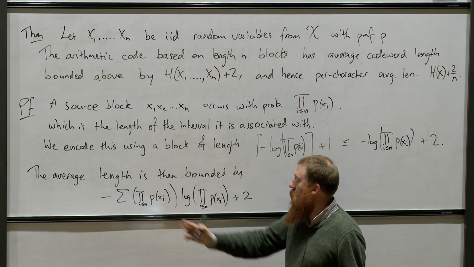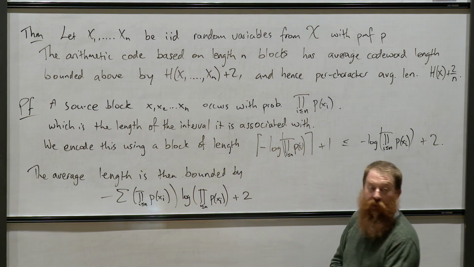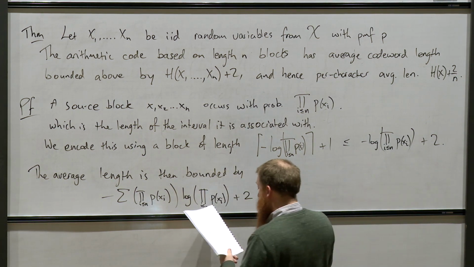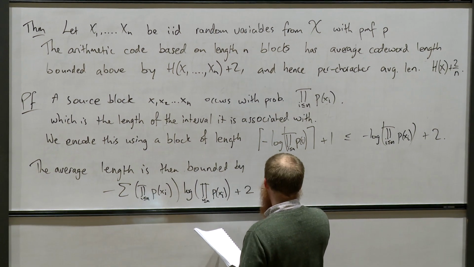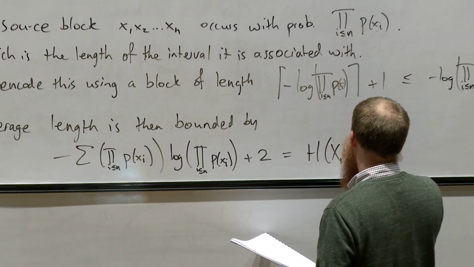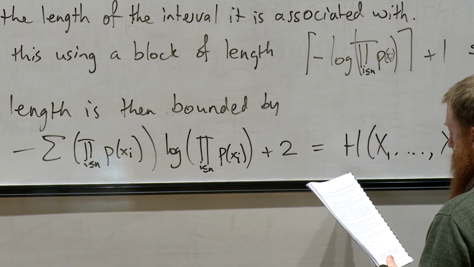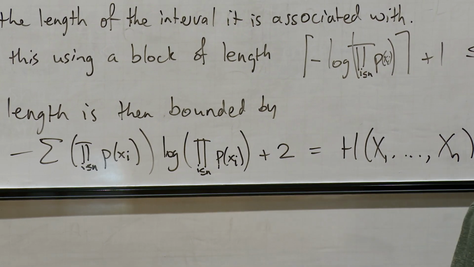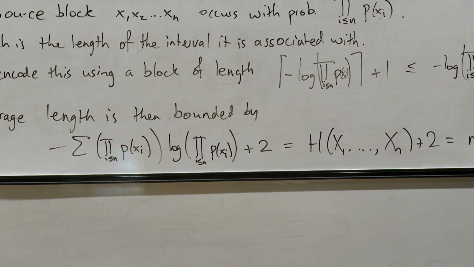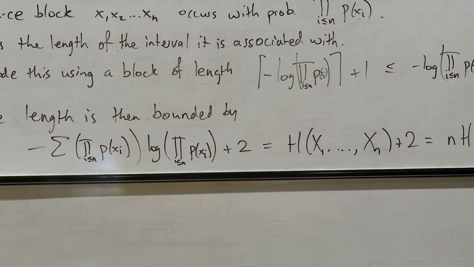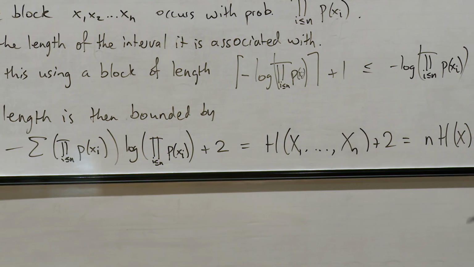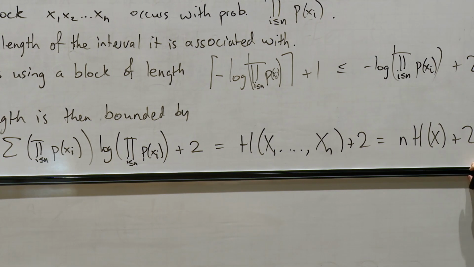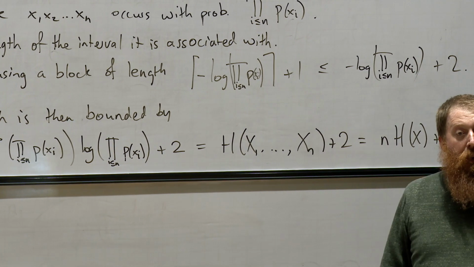And because probabilities sum to 1, it doesn't matter whether I put that inside or outside the sum, which is, of course, equal to the entropy of x1 through to xn plus 2, which by independence is nH(X) plus 2. And we divide by n to get the per character length. Happy?